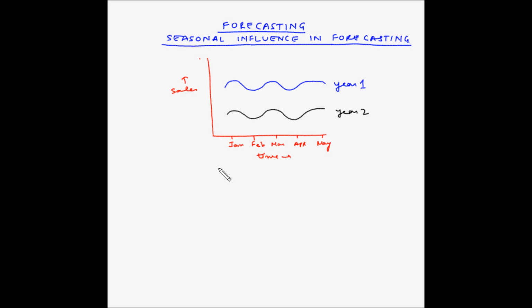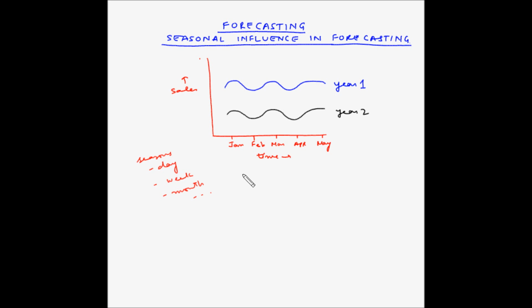And all these time frames, that is, the days, weeks, months, quarters, etc., in this context are called seasons. So a season can be a day, week, month, and so on. Let's understand this concept using some examples.